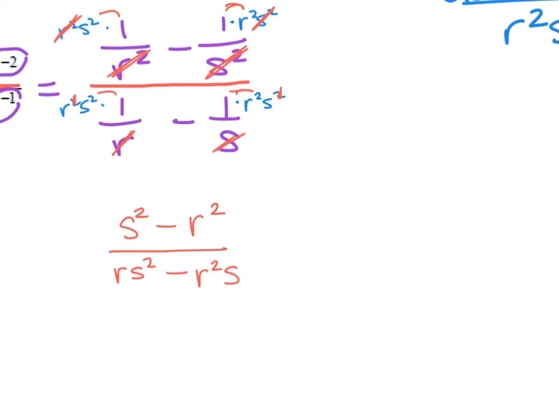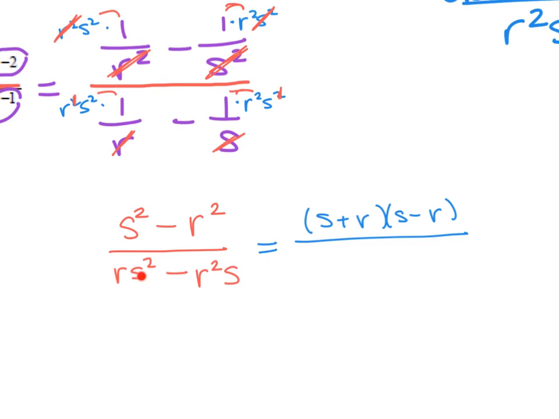When we try to simplify this fraction, we want to see if there's any factoring you can do, because then if you factor, you might be able to cancel some things out. We've got s squared minus r squared. That's going to be your difference of squares. It's going to factor into s plus r times s minus r. Now on the bottom, this looks a little bit weird, but I can see that there are some common factors.